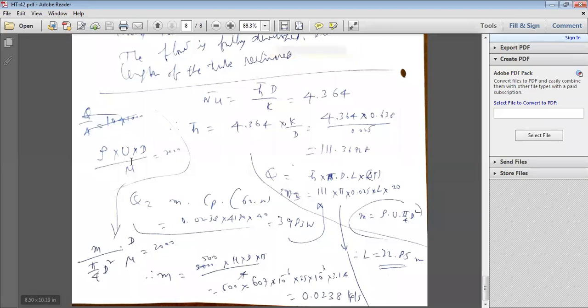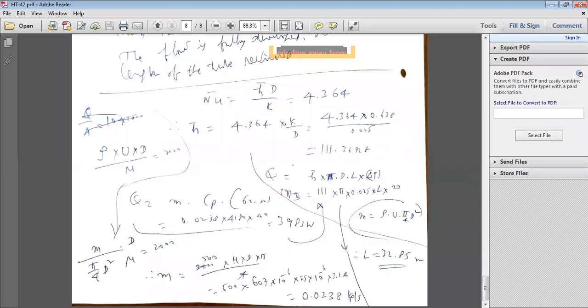From this relation, you can get the mass flow rate. Therefore, mass flow rate is equal to 2000 into mu into pi into D divided by 4.